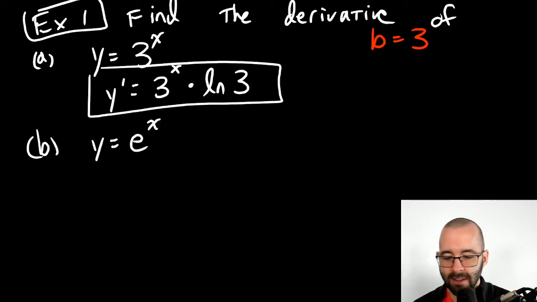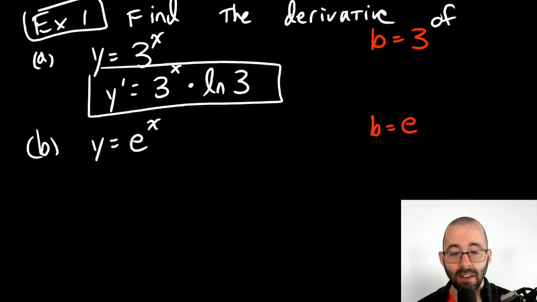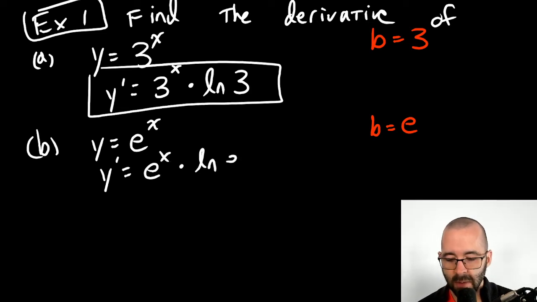What about e to the x? So our base here is e. Euler's number, 2.718..., used for continuous growth. Well, again, we just use the same formula. Jason, this is boring. The derivative of an exponential function is itself times the natural log of the base.